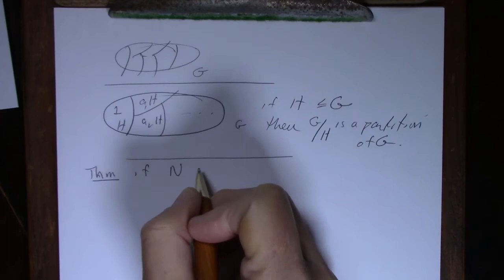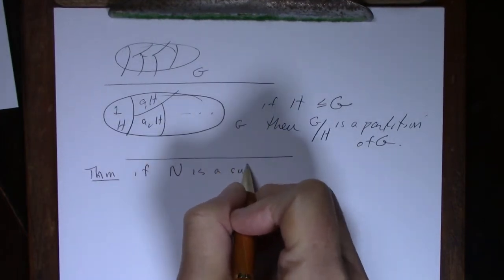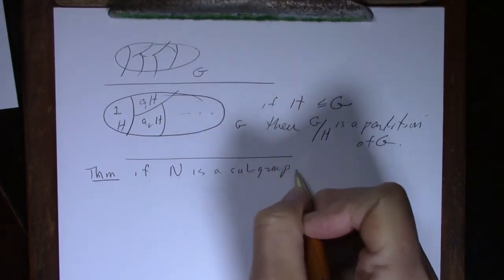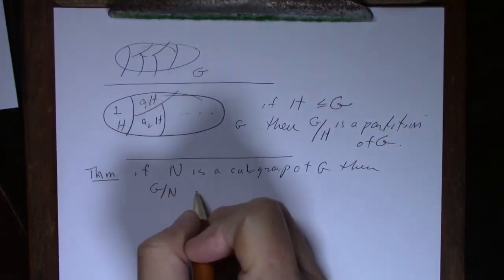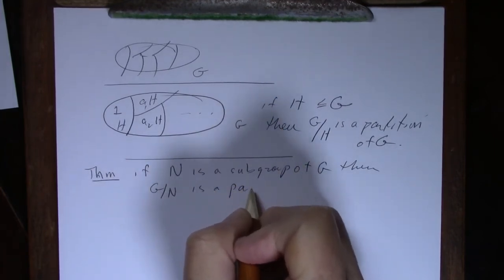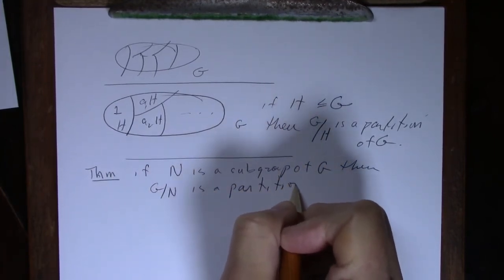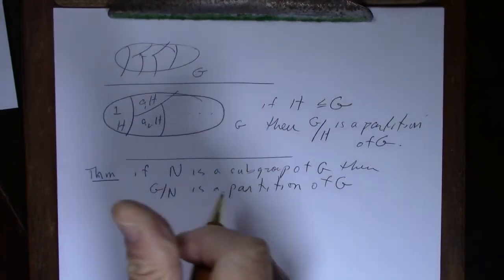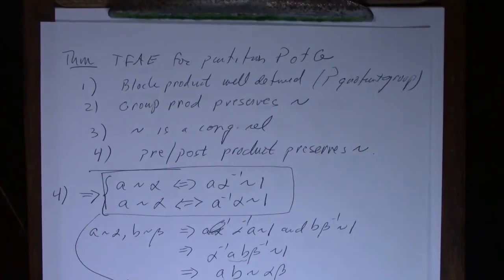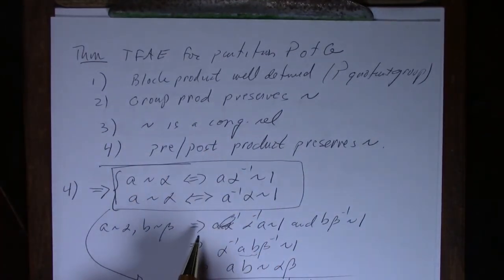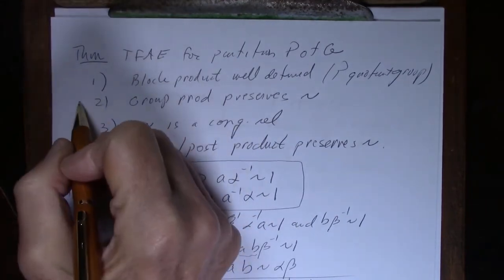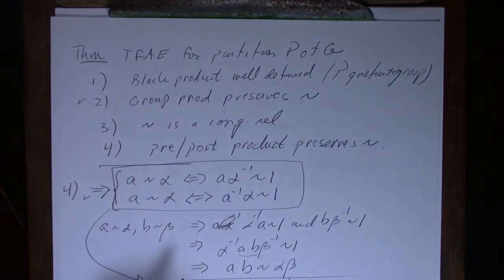If N is a subgroup of G, then G mod N is a partition of G. Now, in our main theorem here, not all these parts are given equal weight. The preservation of group product and the crossing of the equivalence sign and the pre and post multiplication will sort of go away.